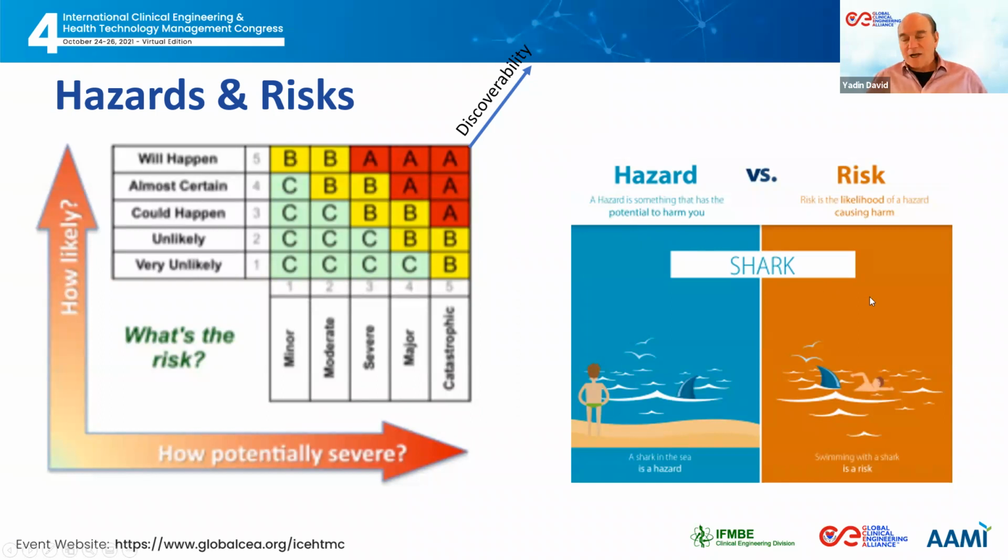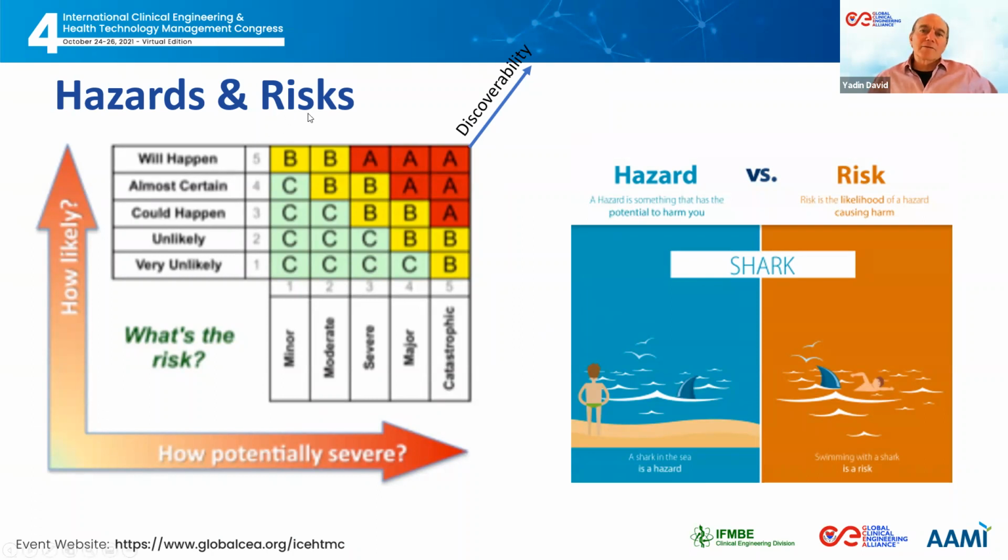But if for some unknown reason this individual decides to get into the water and is now swimming with the sharks, the hazard has turned into a risk, because the likelihood of harm being caused is very obvious. We, the clinical engineers, are like the lifeguards on the beach, on the sand. We are there to warn that this hazard might become a risk and to prevent that from happening.